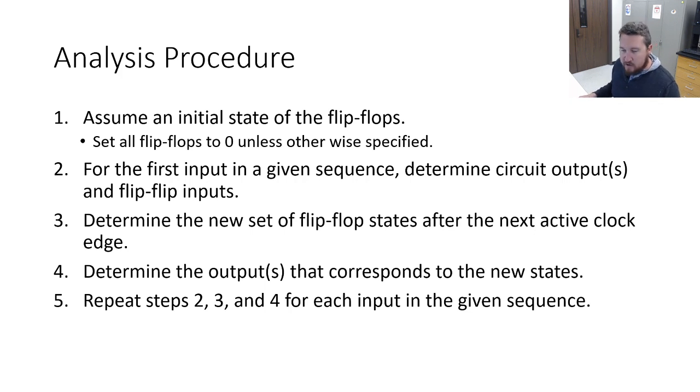And then you just wash, rinse, and repeat steps 2, 3, and 4 for each input in the given sequence, right? So we're going to have x equal to a sequence, and we're just going to work our way through each element in the sequence. Are there any questions about that process? If it doesn't make sense, it'll probably make a lot more sense when we actually put it into practice.